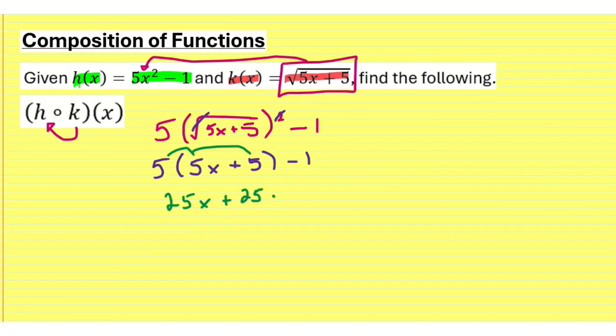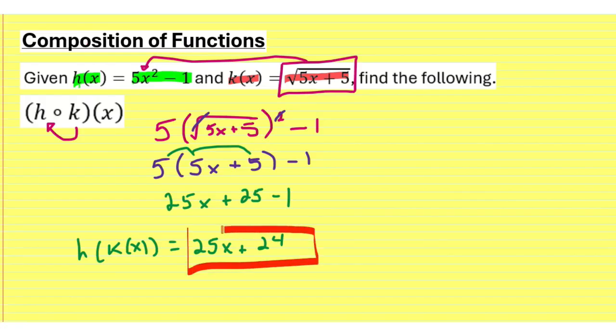And I still have a minus 1 out here. So my final h of k of x function is equal to 25x plus 25 minus 1, which is plus 24. So my new composition is 25x plus 24.